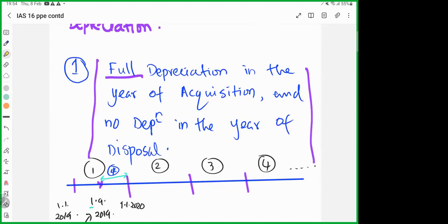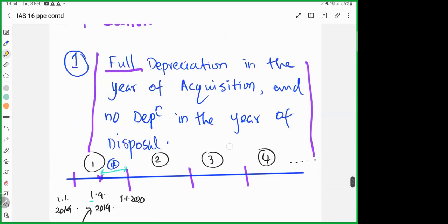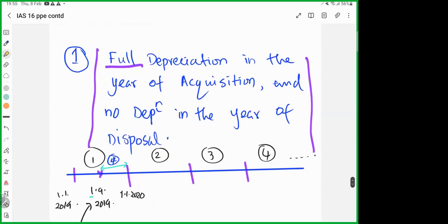The meaning of full here is to take the entire year, regardless of when you purchase. Now, we are keeping the asset for only 4 months, and a very intelligent, smart accountant will come and tell me you should use 4 months here. But I will not agree with this. Why? The company says we will not worry about the number of months the asset is with me. I will calculate depreciation fully, assuming the asset is with me for the entire year.